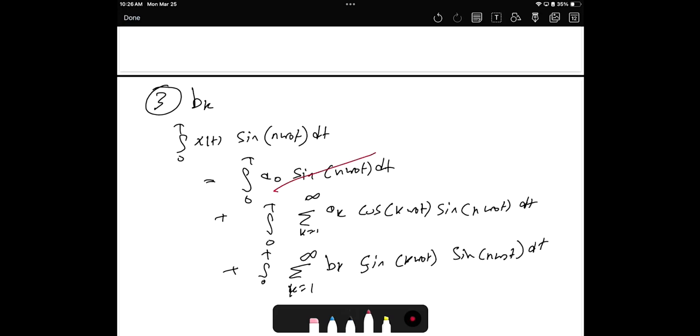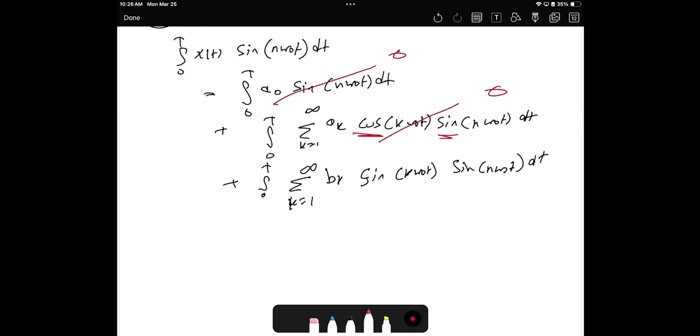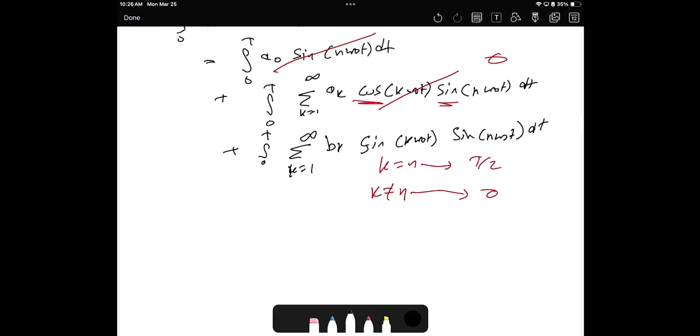The integral of the sine over all k will be 0. Cosine times sine, according to property number 5, will be 0. Then here we have two cases: when k equals n, or when k does not equal n. When k does not equal n, this will be 0. When k equals n, this will be T over 2. So in summary, the integral from 0 to T of x(t) sine n omega naught t equals b sub n times T over 2.